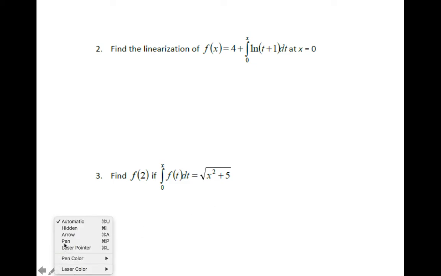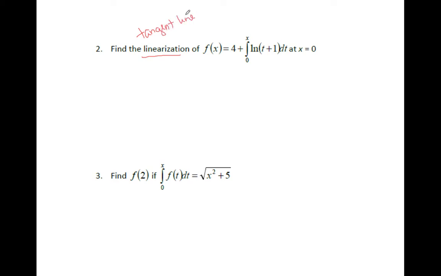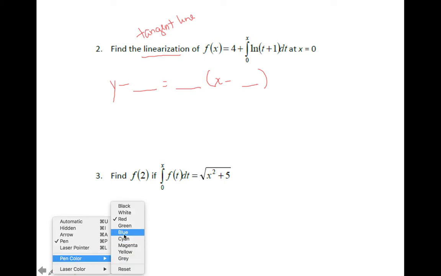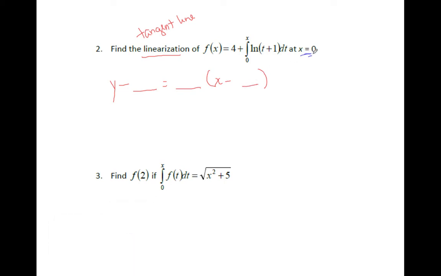Let's look next. Find the linearization. What does that mean? Tangent line, right? Point slope form: y minus the y coordinate is equal to the slope, the d word, times x minus the x coordinate. Well, what x coordinate did they give you? They gave you a 0, so put a 0 there.